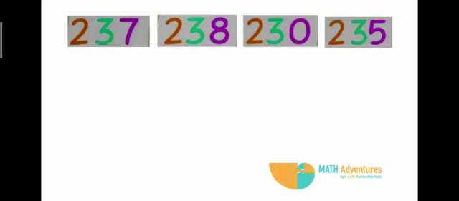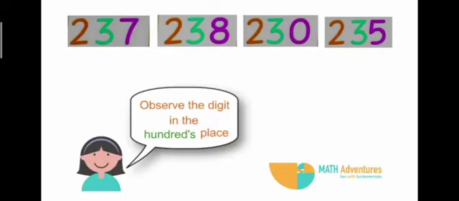First, we will observe the digits in the hundreds place. Let me mark it for you. Here, in all the four numbers, we have 2 at hundreds place. So now what do we have to do? Right, we have to check for tens place.